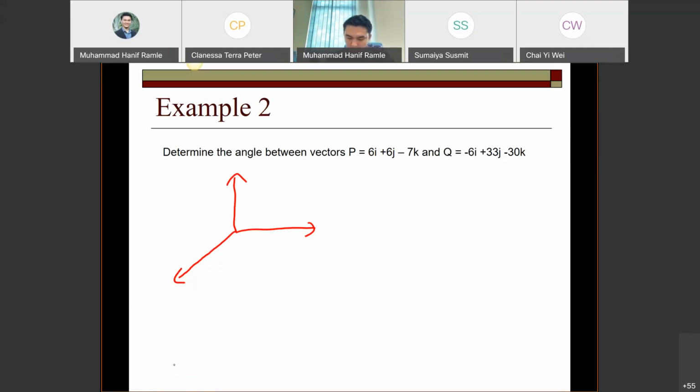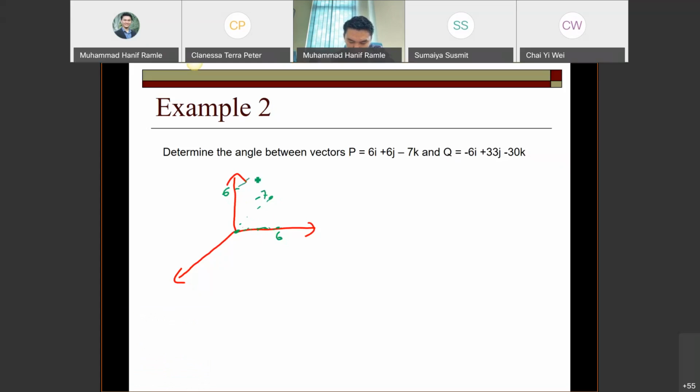This is your vector. Let's say this is the vector P. We have 6, starting from the origin. This one is 6 here. And then the back one is -7, let's say here.